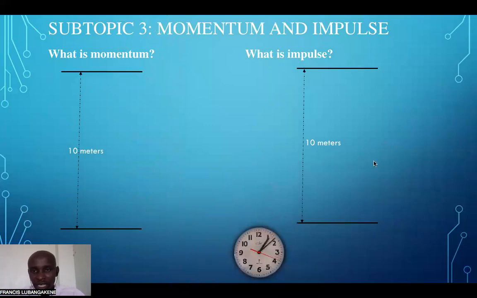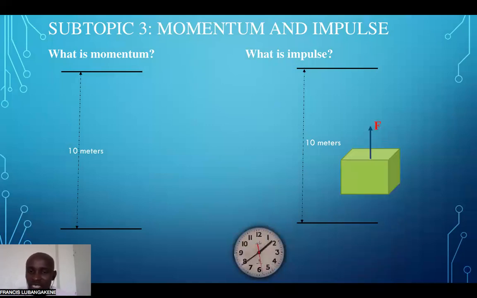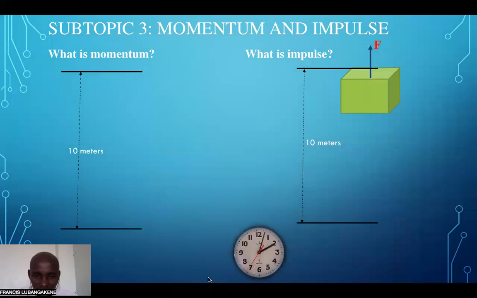For the next study, impulse, the product of that movement, that is the momentum, we study the time it takes, so that it gives us exactly the amount of time this block took to reach this particular point. The study of momentum per unit time taken over this distance of 10 meters gives us what we call impulse.